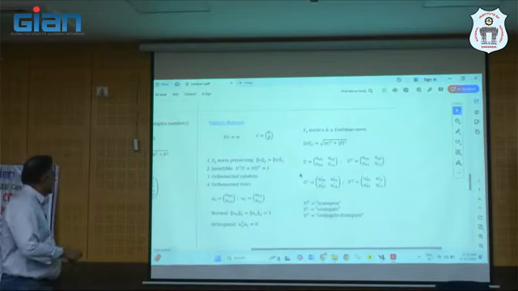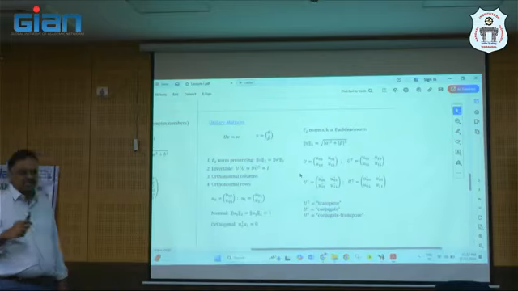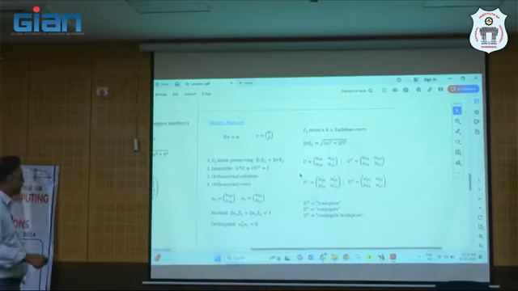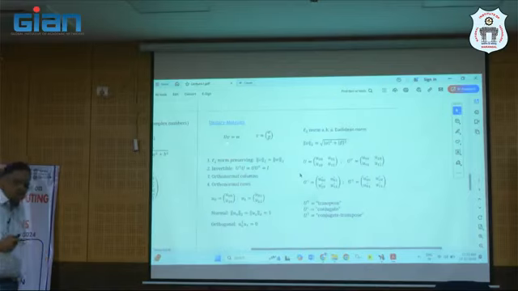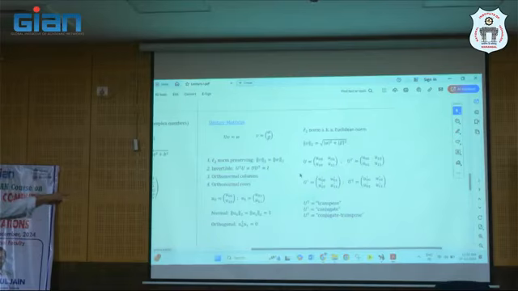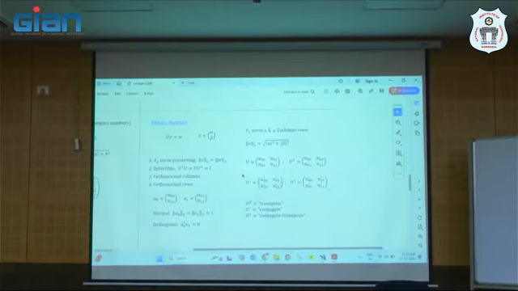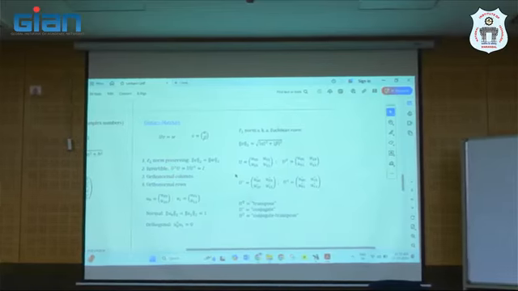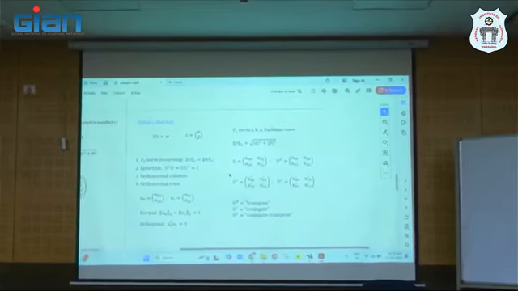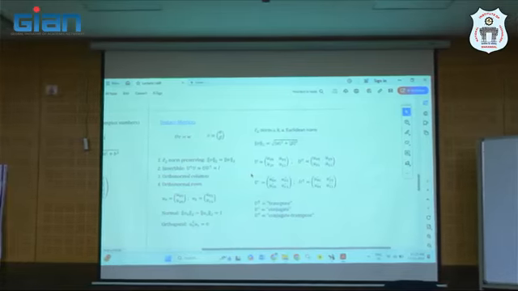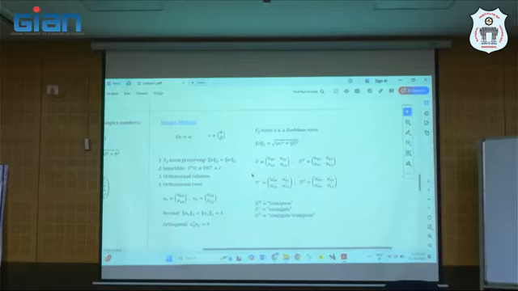Yes, so unitary matrices satisfy these 4 properties. What are the properties? L2 norm preserving, invertible, that is U dagger times U. So we just saw what U dagger is, right? For numbers, if you multiply A times B, that is the same as B times A. Agreed?